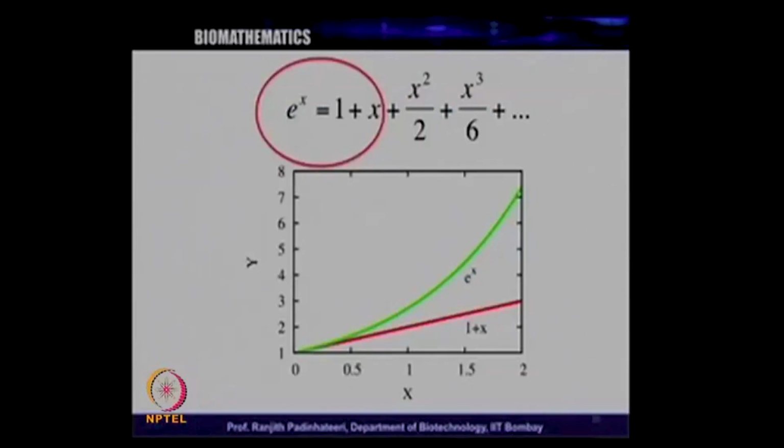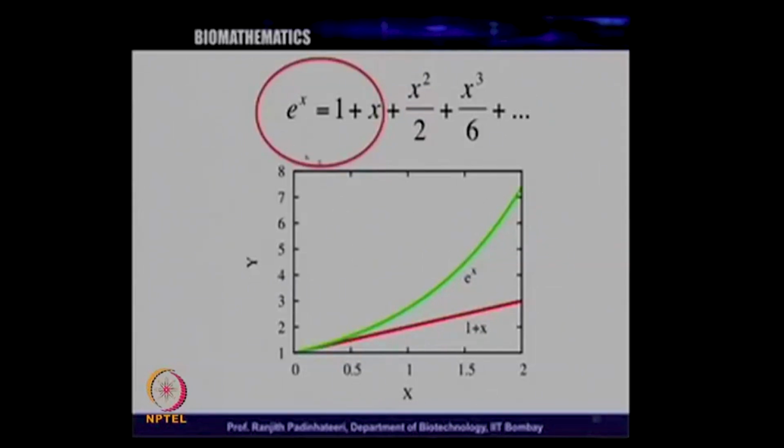What is plotted here is two curves on the y axis, green and red. The red is y equal to 1 plus x, and the green is y equal to e power x. 1 plus x is a straight line, a linear function, while e power x is not a straight line, it is a curve.